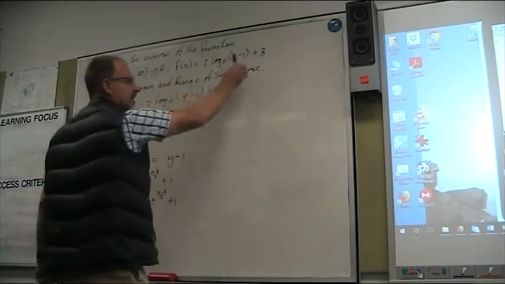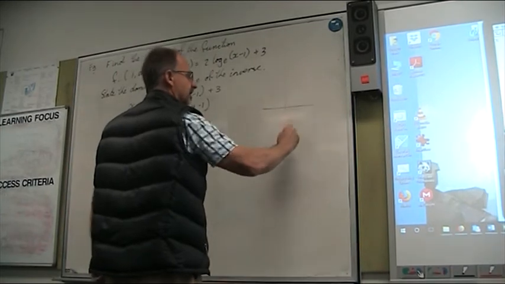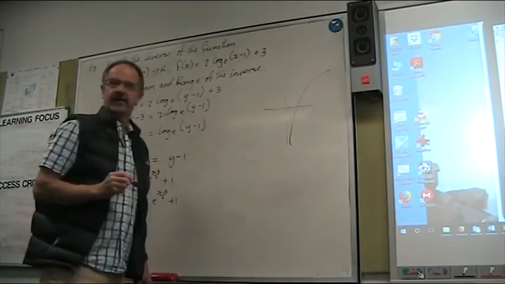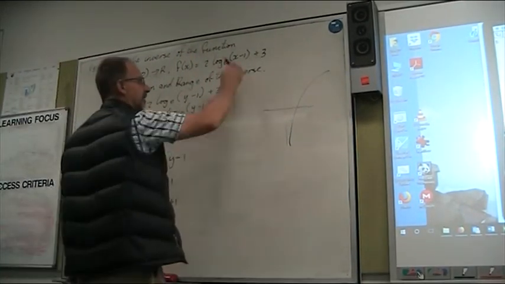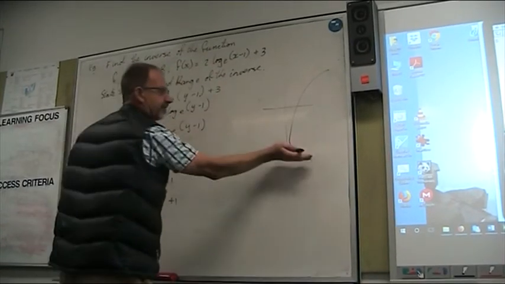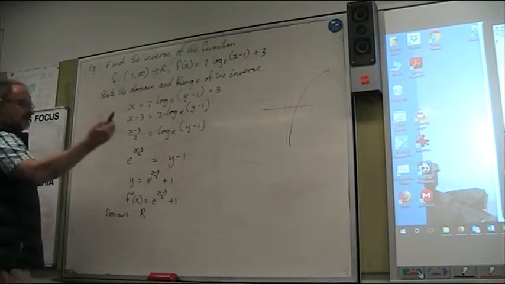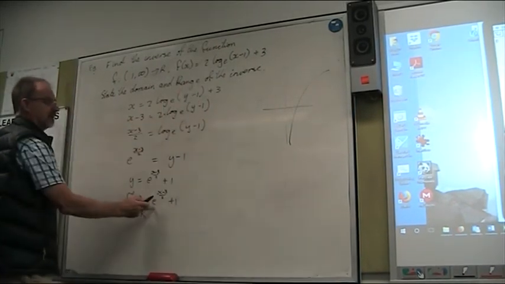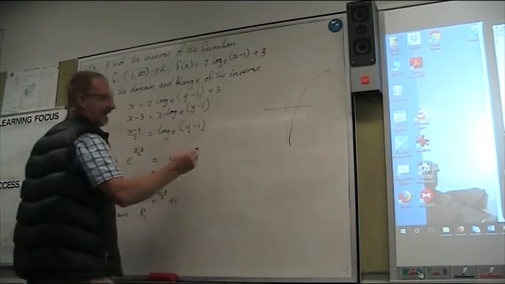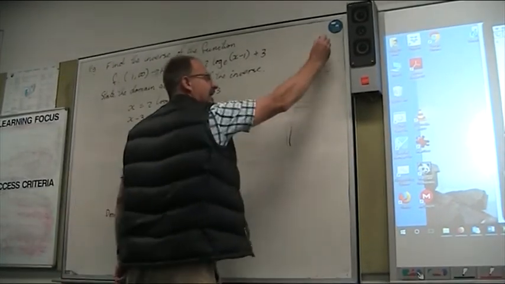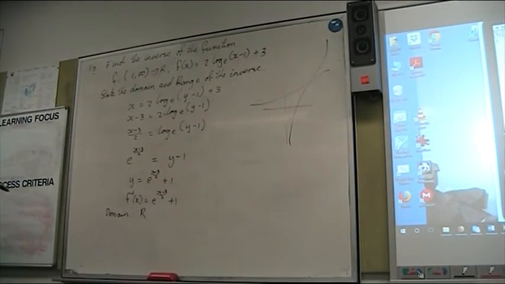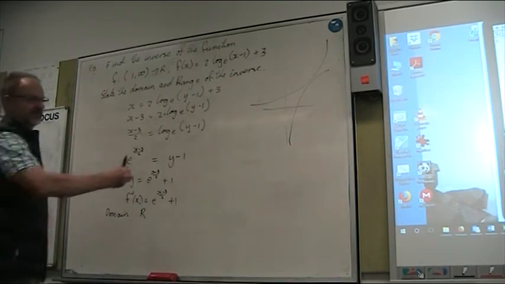Remember, a log graph looks like that, doesn't it? So the range of a log graph is R. So when we found the inverse, our domain is now going to be R, because remember, we've now got our exponential graph that goes that way.